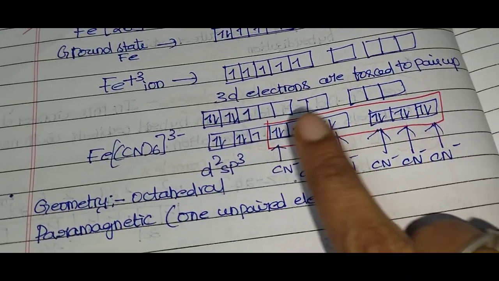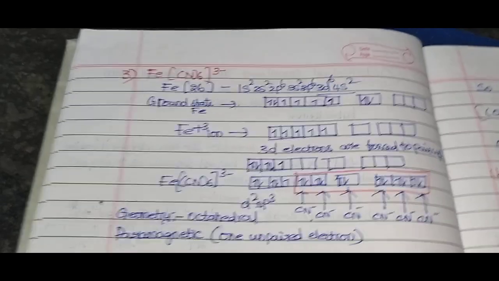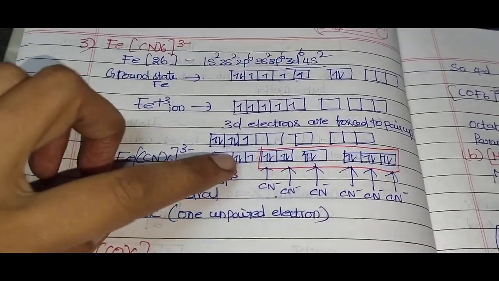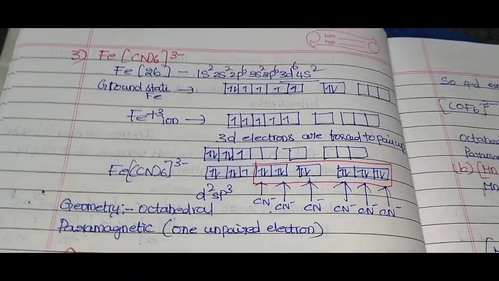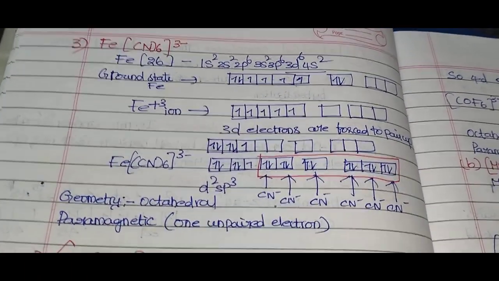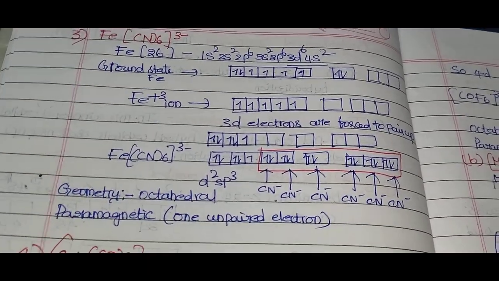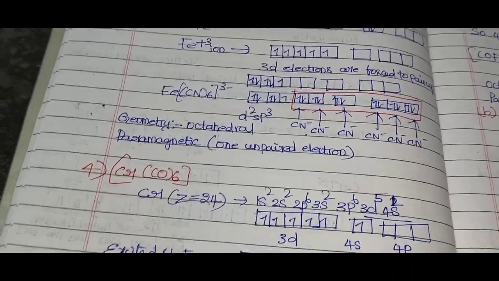This is also d2sp3 hybridization, as it has an octahedral arrangement. Also it has one unpaired electron here, so we can say it is paramagnetic. When no unpaired electrons, diamagnetic. When unpaired electrons are present, it is paramagnetic. Remember this.